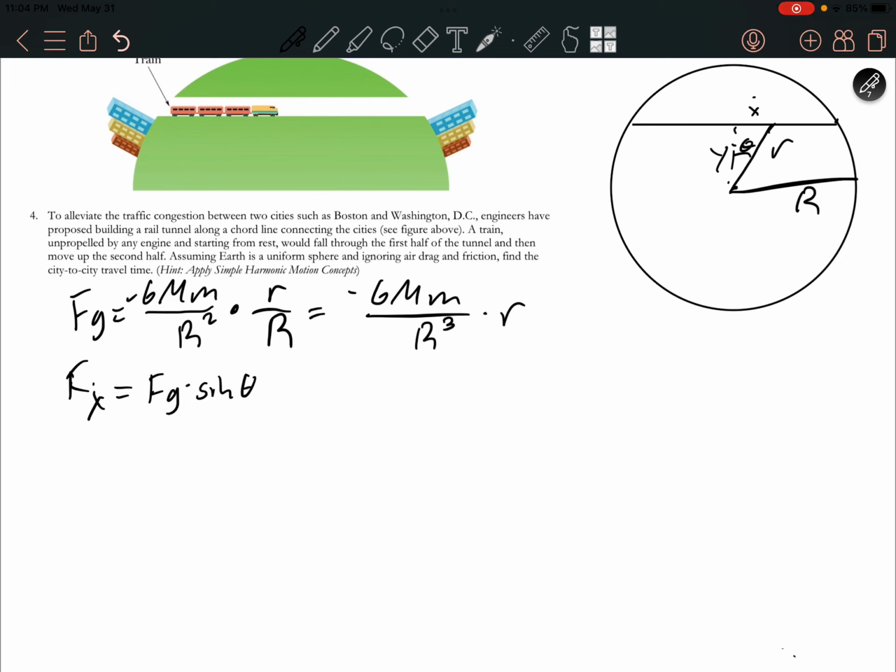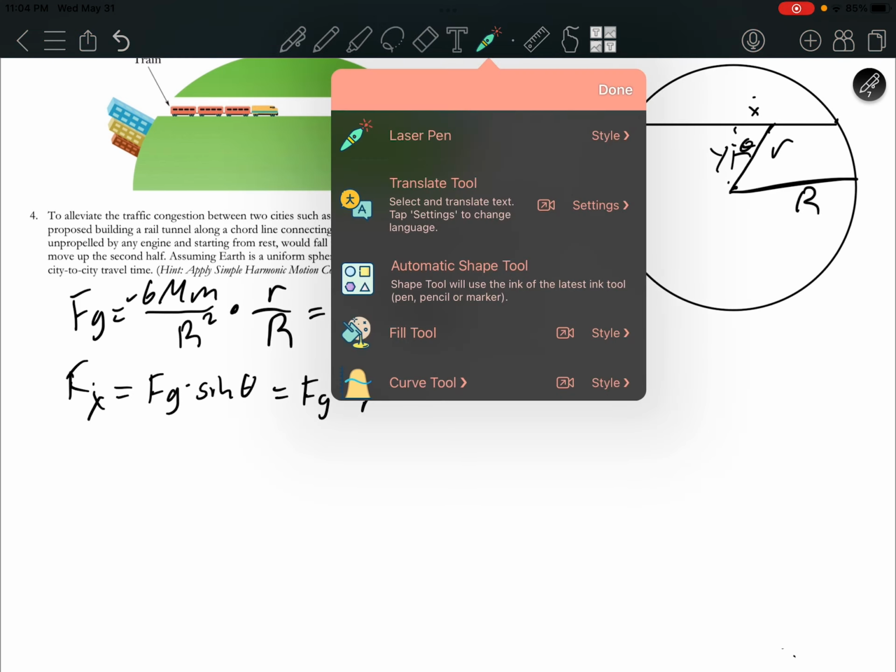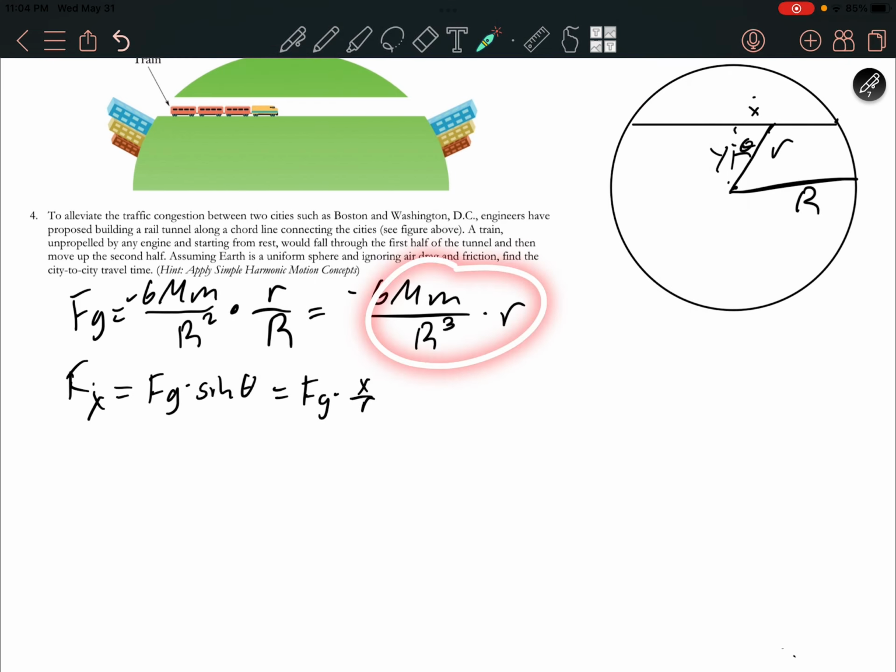Using that theta value, sine of theta, we already know that this is going to be x over r. So we'll just rewrite that, and if we plug in this equation right here, we're going to be getting negative G big M little m over R cubed times x.